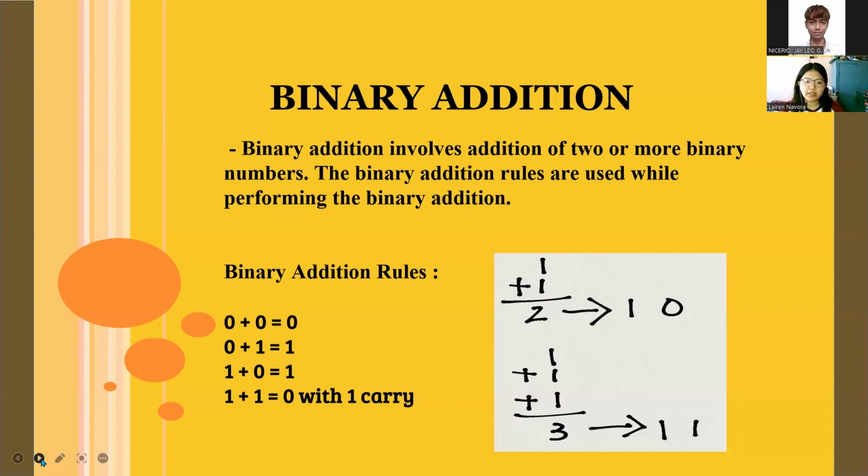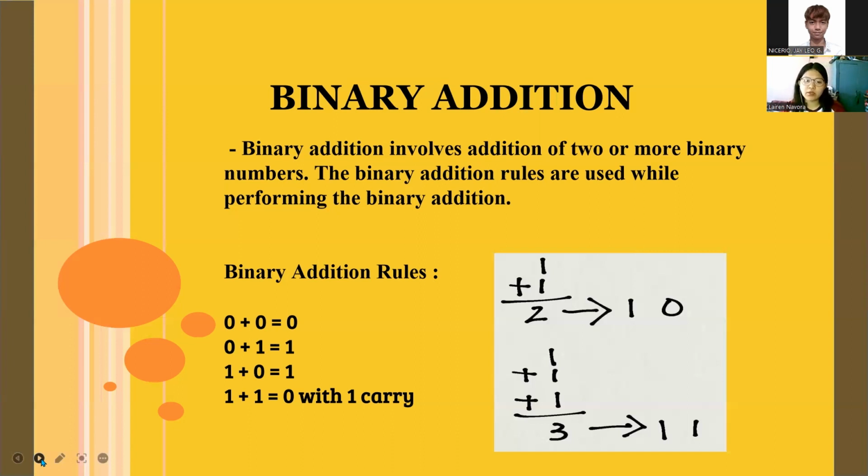Similarly, while adding 1 plus 1, suppose we have a carry from the previous column, then the addition is equal to 1 with 1 as a carry to the next column. In decimal, this 1 plus 1 plus 1 is equal to 3, and the binary equivalent of 3 is 1, 1.